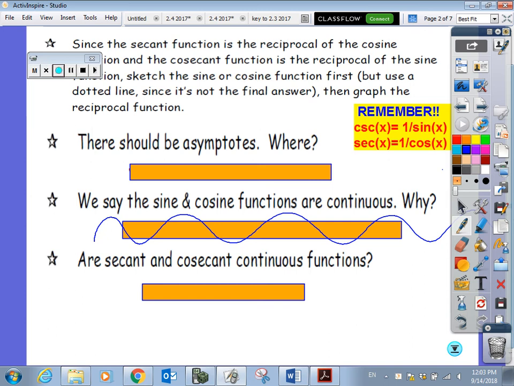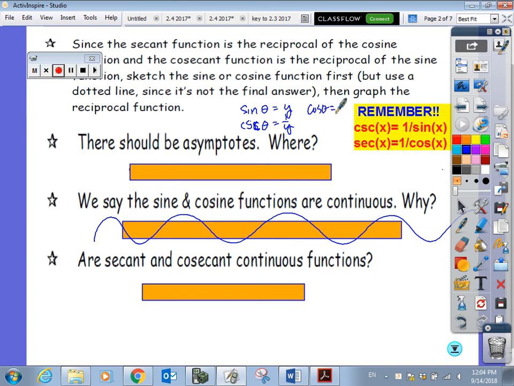But with secant and cosecant, it's possible, because of 1 over sine x. If we think about the unit circle, sine of an angle equals y, so cosecant of an angle is going to be 1 over y. There are places on the unit circle where y is equal to 0, therefore there's going to be asymptotes.